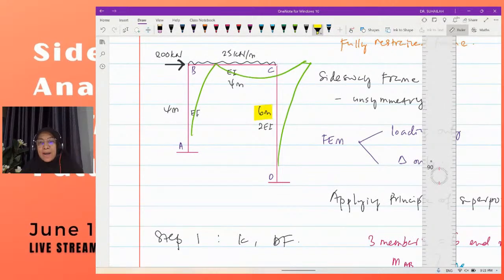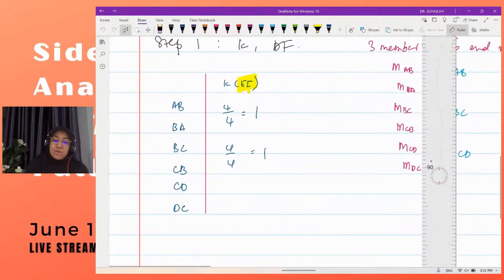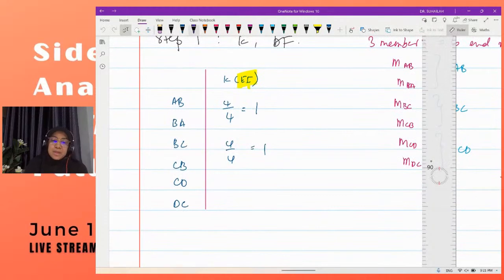It is 4EI over L. But don't forget, this has 2EI, so we have 2 times 2. It is 4 times 2 divided by L. L is 6 meters, so this is 8 divided by 6.